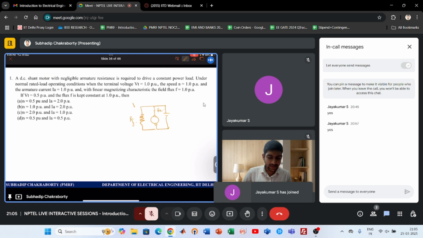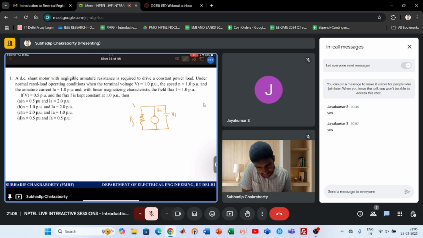I'll take 5 more minutes to solve maybe 3 or 4 more problems. Now it is asking terminal voltage Vt equal to 1. I think there is no problem, right? If I take 5 more minutes, there are 3-4 problems, and then I can wrap up. Any problem? Yes, sure. Then I can take more, right?